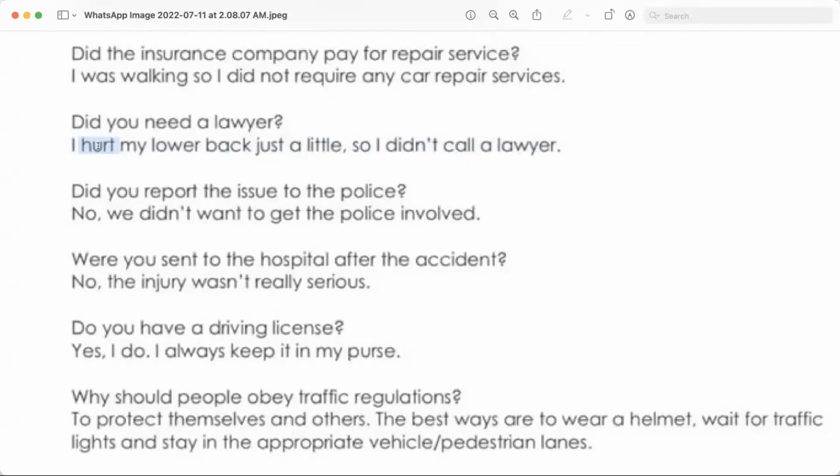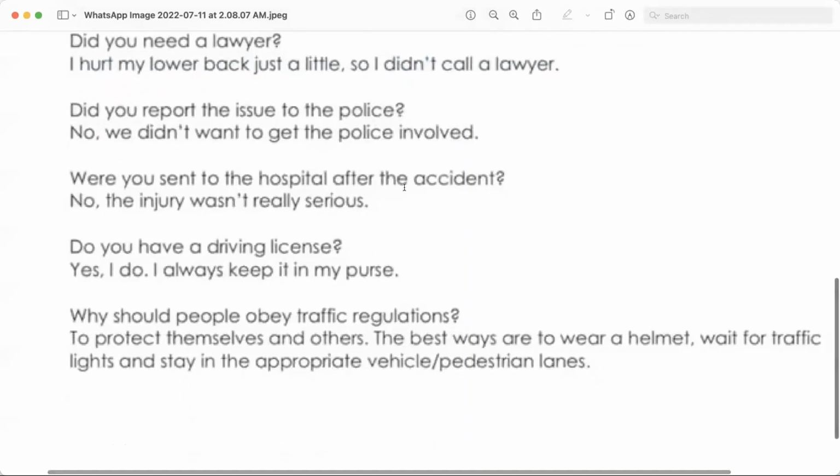Can you say this word one more time for me? It's hurt. I hurt my lower back. Hurt. Good. And this word? Didn't. Good. Well done.